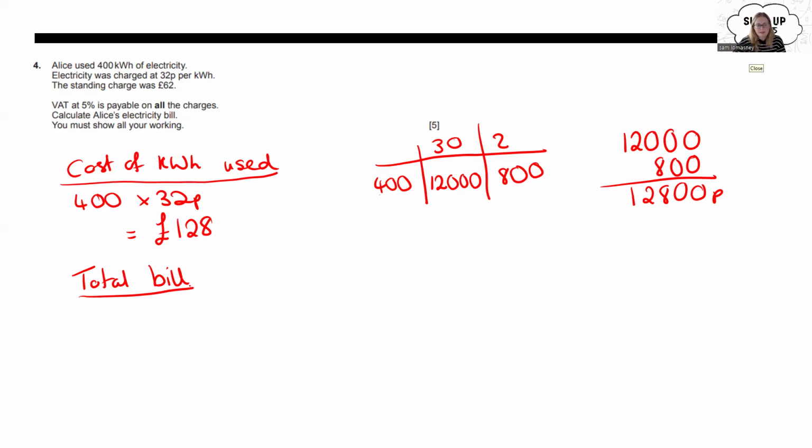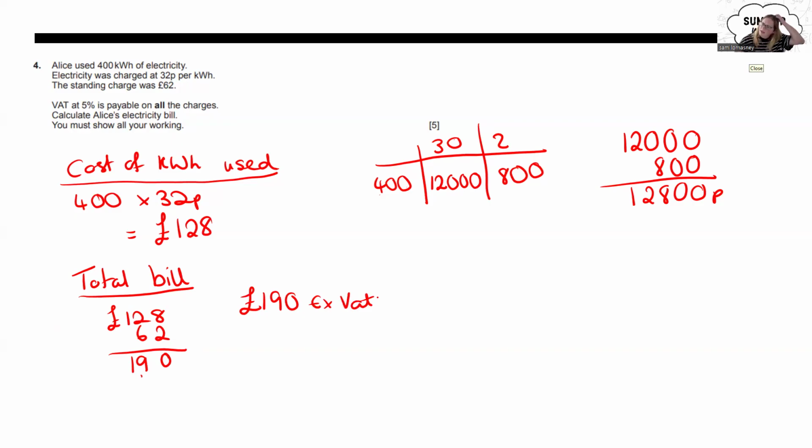Standard charge is just a monthly charge that tends to go on to your bill, and that's for the company actually running itself and being able to do the maintenance that it needs to do. So we've got 128, and we've got the 62. Again, remembering to line those up correctly. 0, carry the 1, 8, 9, and the 1 left over. So we've got total bill, and that's £190, excluding VAT.